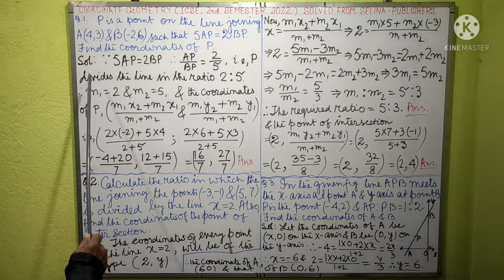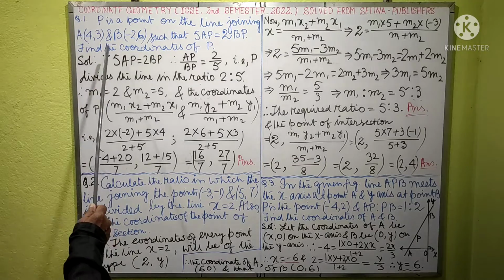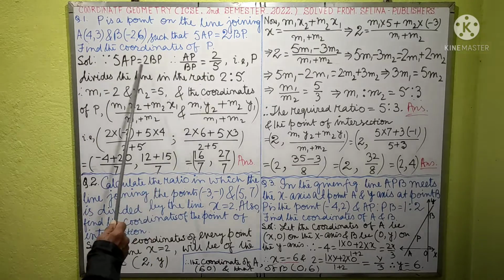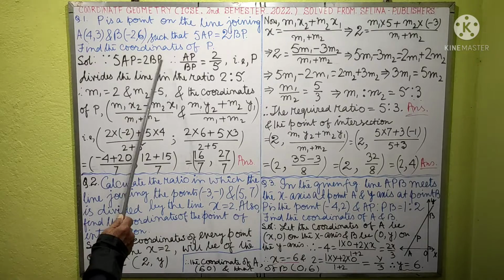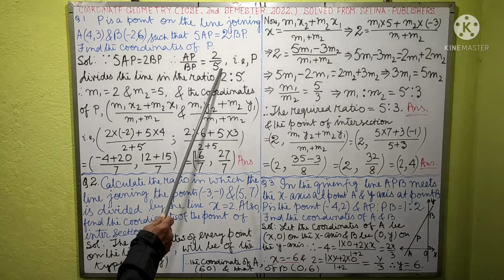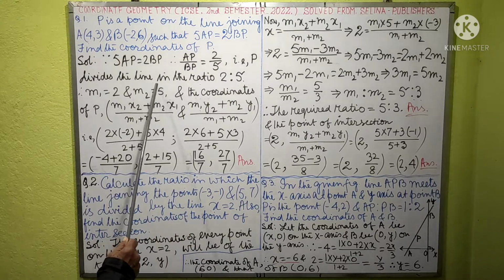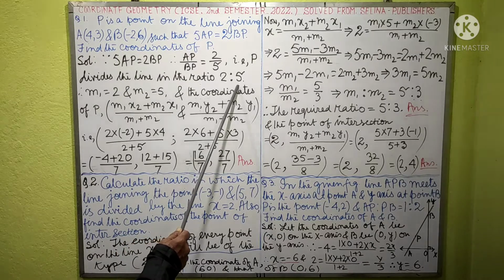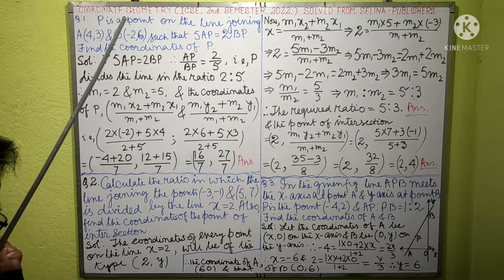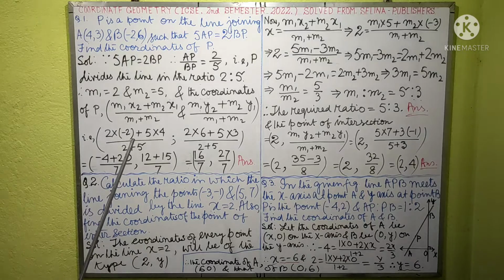And now the solution. Since it is given that 5 AP equals 2 BP, therefore AP by BP equals 2 by 5, that is, P divides the line in the ratio 2:5. In the previous class we gave the section formula.